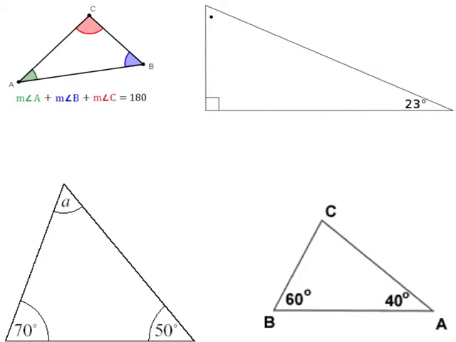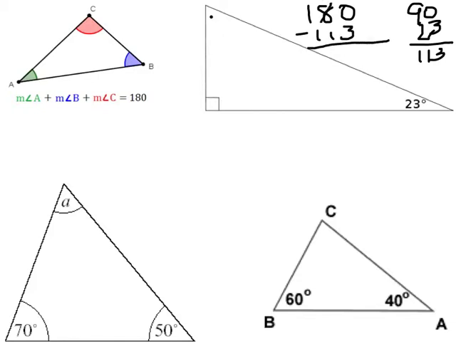So let's add 90 plus 23 is 113, and 180 minus 113, that is 67. So this is a 67-degree angle.